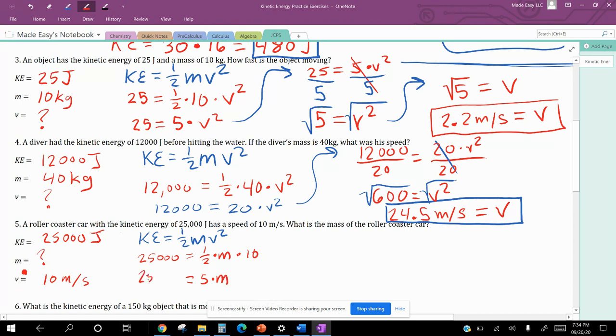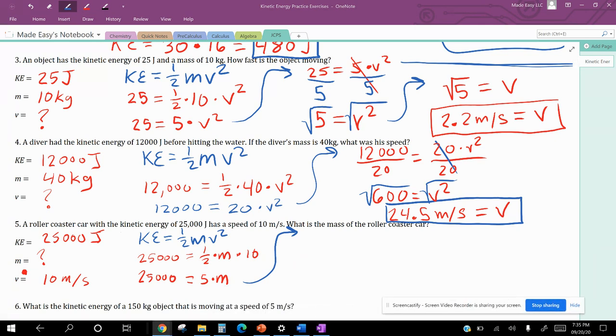This side we will have our 25,000. Since it's 5 times m, we want m by itself, so we'll do the opposite. The opposite of 5 times m is to divide both sides by 5.